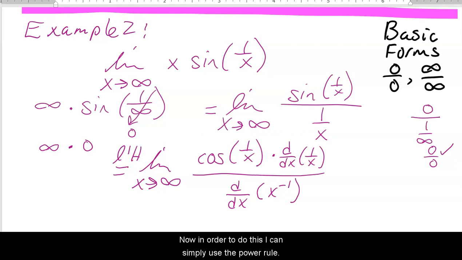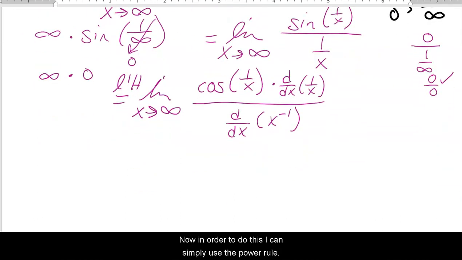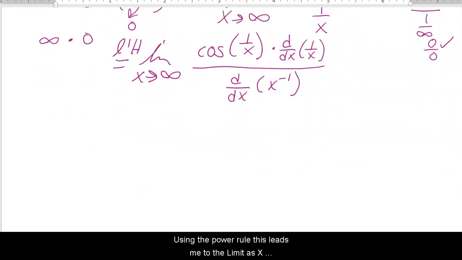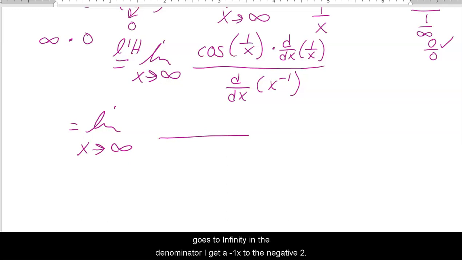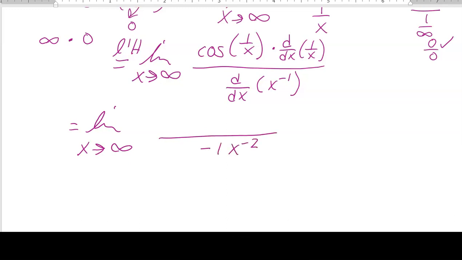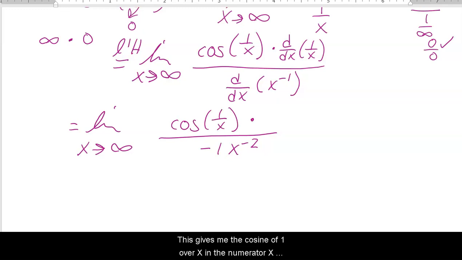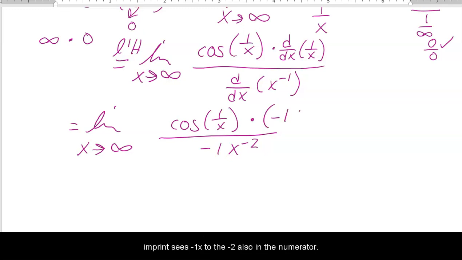Now, in order to do this, I can simply use the power rule. Using the power rule, this leads me to the limit as x goes to infinity. In the denominator, I get a negative 1 x to the negative 2. This gives me the cosine of 1 over x in the numerator times, in parentheses, negative 1 x to the minus 2, also in the numerator.